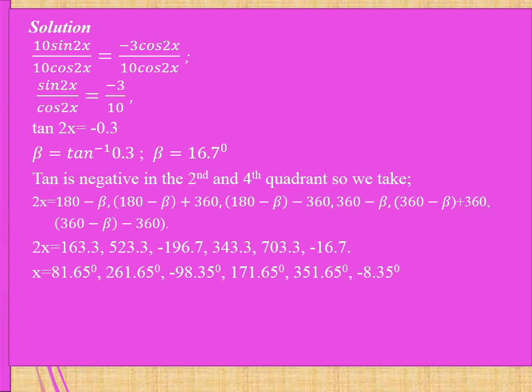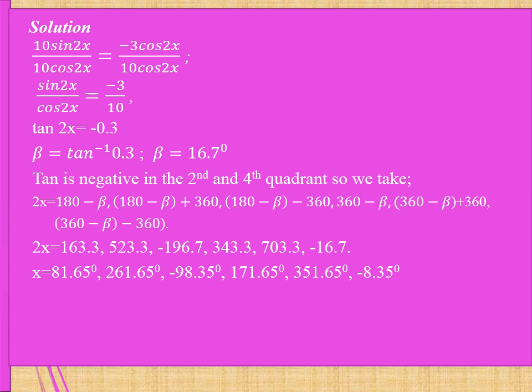Beta is tan inverse of 0.3, and then beta is going to give us 16.7 degrees. And then tan is negative in the second and fourth quadrant, so we are going to take 2x as 180 minus beta, 180 minus beta plus 360, 180 minus beta minus 360, 360 minus beta, 360 minus beta plus 360, 360 minus beta minus 360.